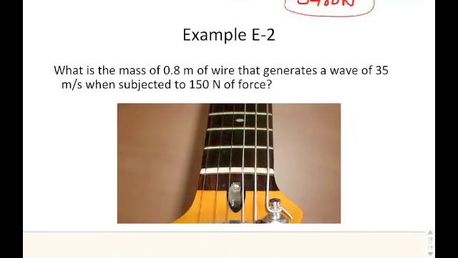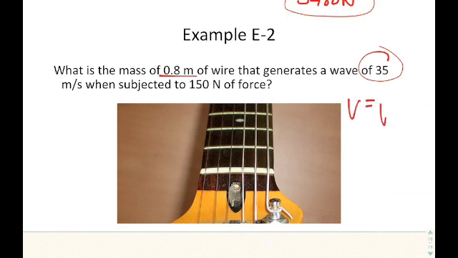And in the second example, it says, what is the mass of a 0.8 meter wire that generates a wave of 35 meters per second when subjected to 150 newtons of force? So we're going to use the same equation.